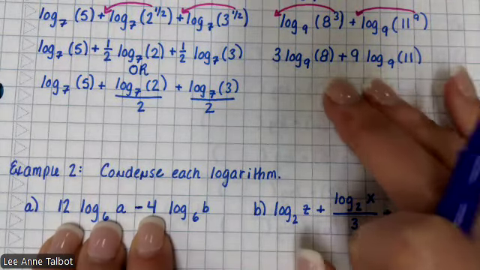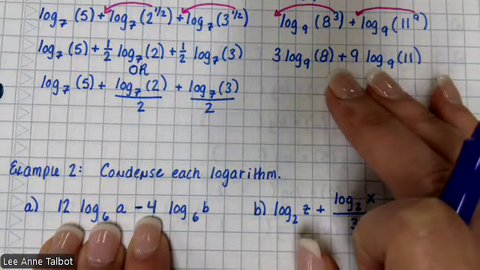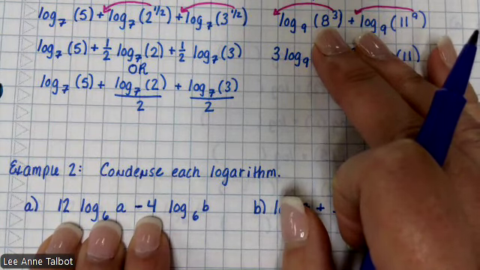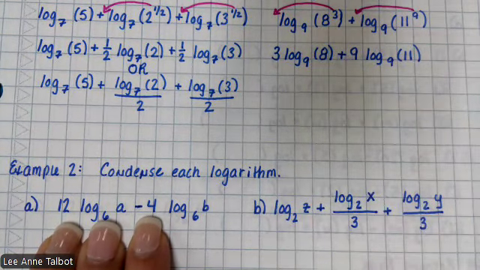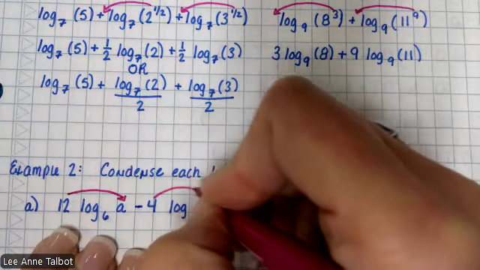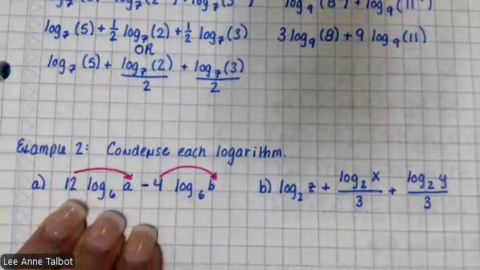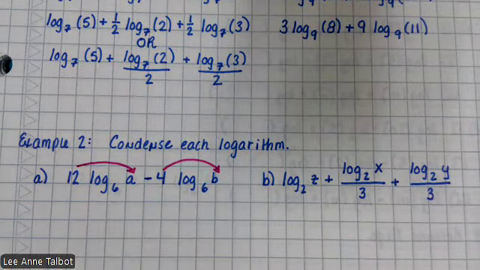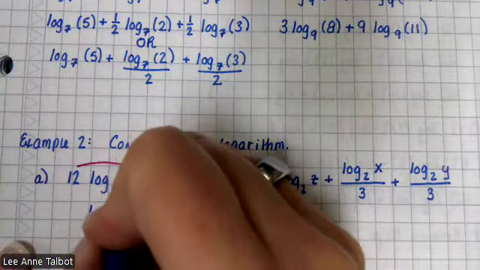This problem right here looks very much like this answer. So what did I do last? I put the exponents in front. So what I'm going to do on this one, the first step, kind of like an inverse, I'm going to go backwards. I'm going to put the exponents back where they were. I'm just reversing it.